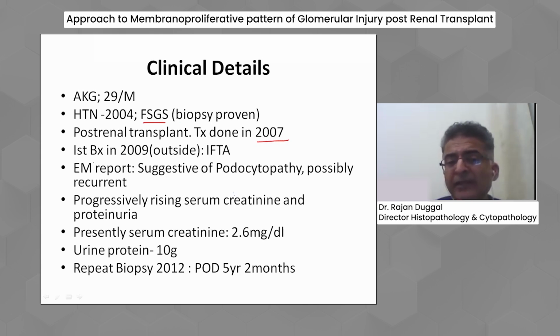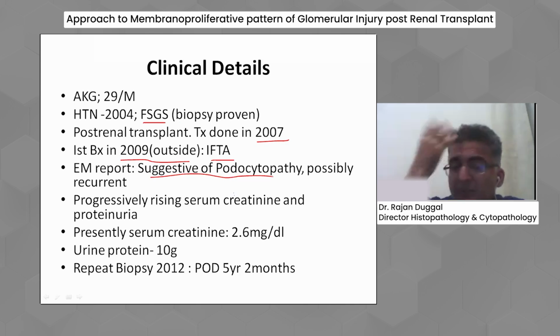So in 2009, the first biopsy was done, which was reported outside as IFTA, and electron microscopy was done on the same biopsy in 2009, in which a possibility of podocytopathy was raised, possibly recurrent. And since there was a history that this patient had biopsy-proven FSGS, and after 2 years he had some proteinuria also, it was thought that it is possibly a recurrent podocytopathy which is occurring.